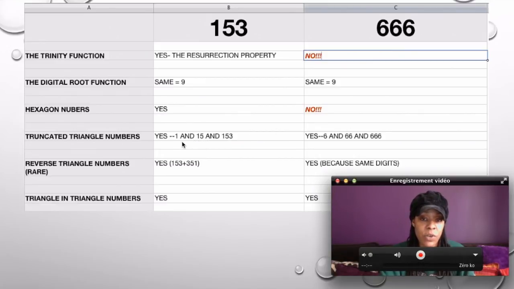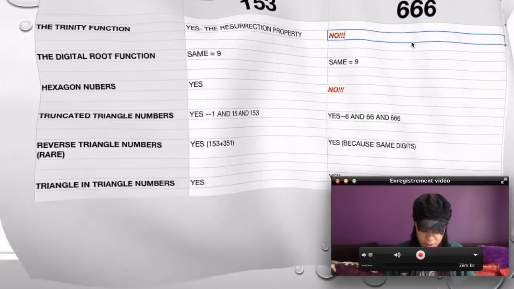All right, so the truncated triangle numbers, 153 and 666, yes. When you have truncated, what it means is that you have 153. You split off the 1, and then you move it over and you have 15. And then you have the whole thing as 153. All of these are triangle numbers, and the same is true for 666, but 666 is by default because it's the same digit 3 times.